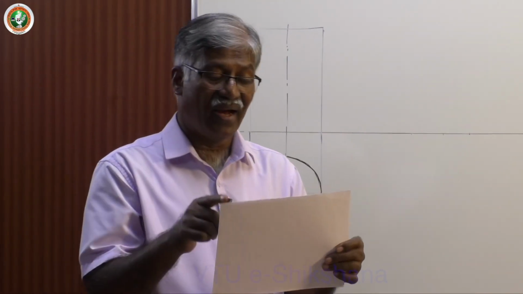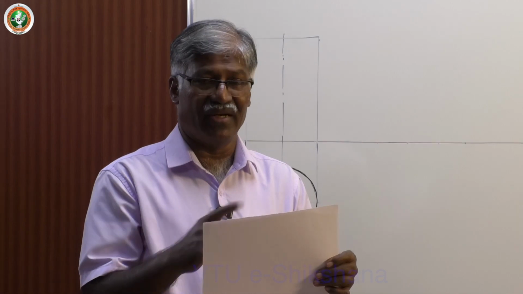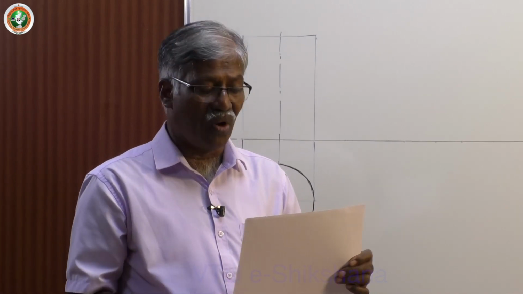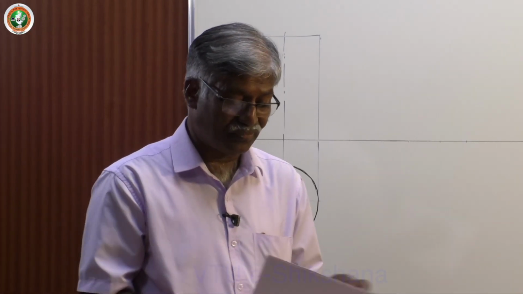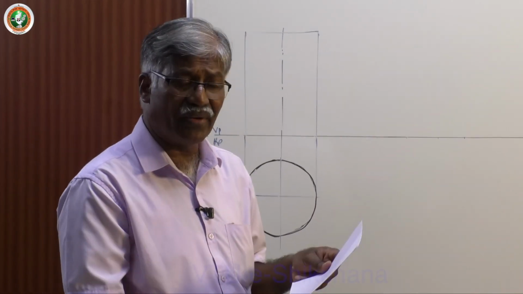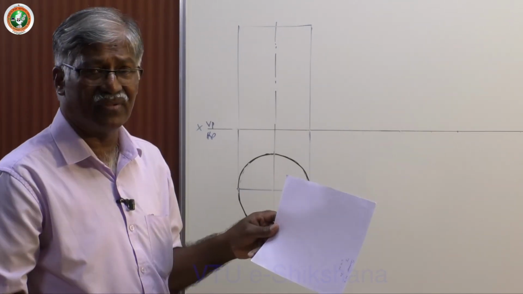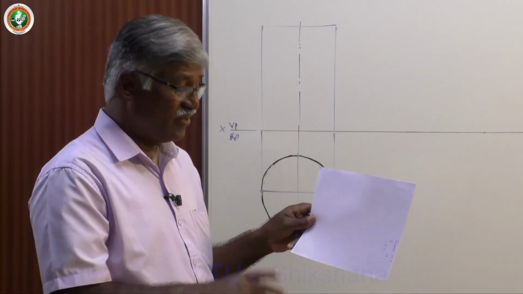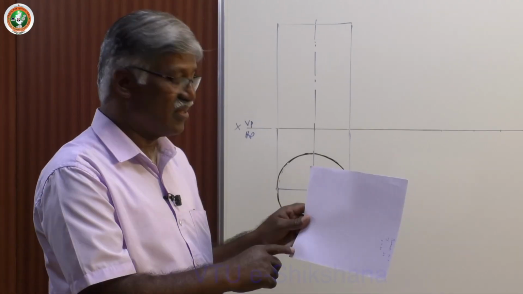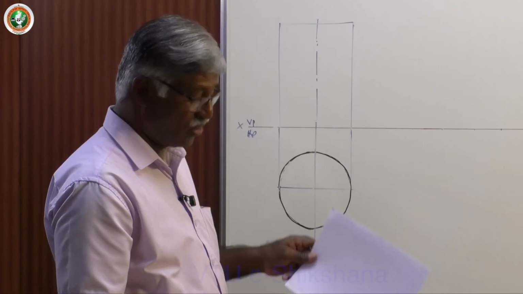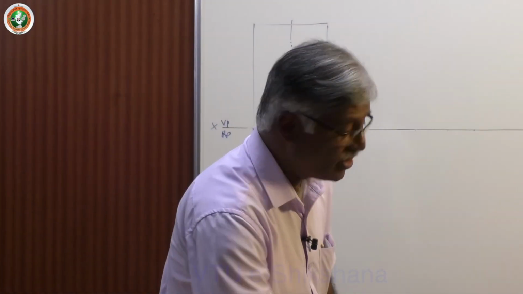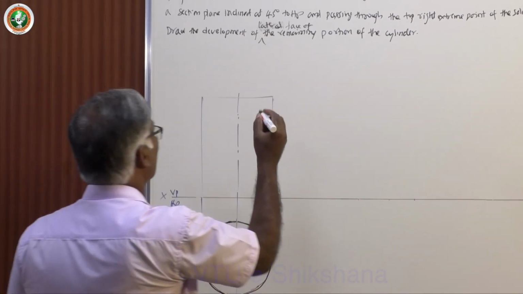So this height refers to the height of the axis or axis length, and this is pi d, the perimeter of the base, or top face or cross section for that matter. Now, if you are having development of the complete lateral surface of the cylinder, simply draw a rectangle and say this is height and this is length of the development, that's all. Now, I will just draw a small sketch so that you will get a clear idea.